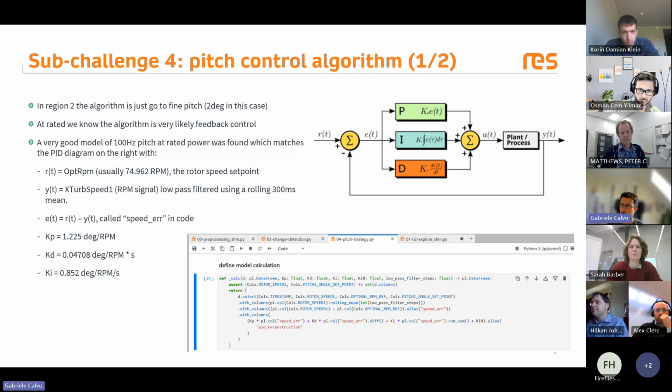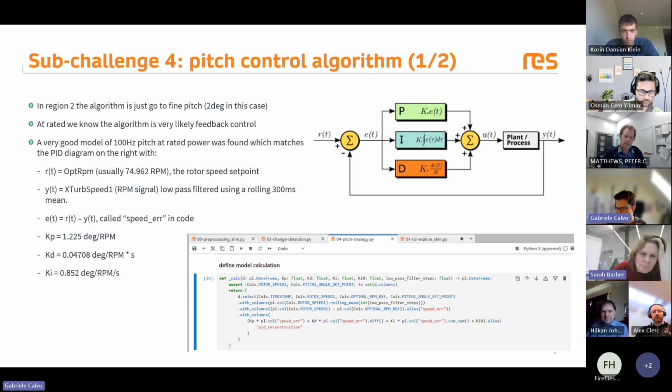KI0, because being an integral, you cannot know what the starting point was when you start your analysis, so we fitted an extra parameter for the start of the integral sum, and a low pass filter steps parameter, which allows the rotor speed to be a bit more smooth.